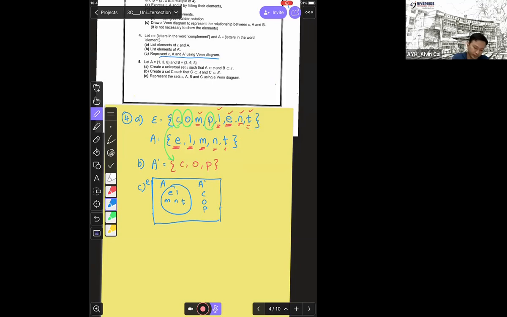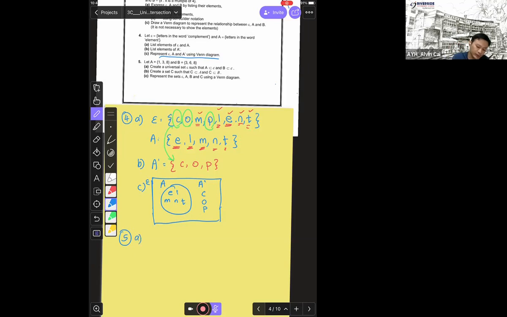And last question, question 5. Okay, question 5 is slightly different from the few questions that we've done. So we are supposed to come up with a universal set.